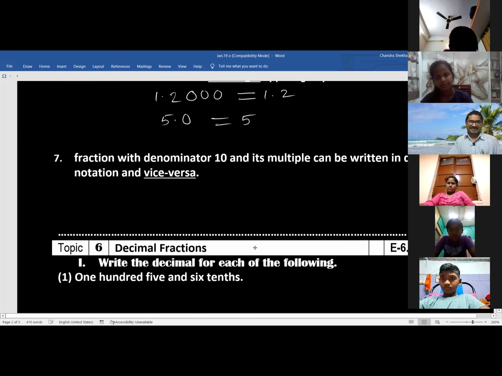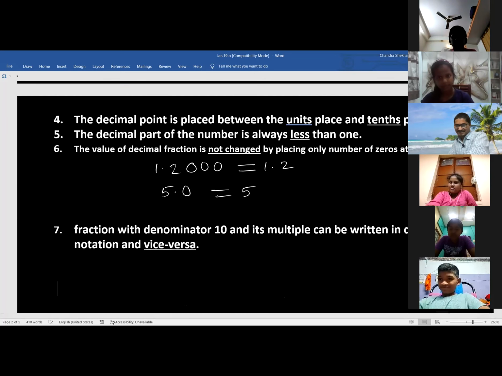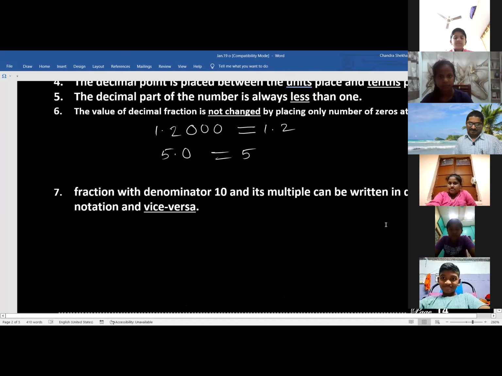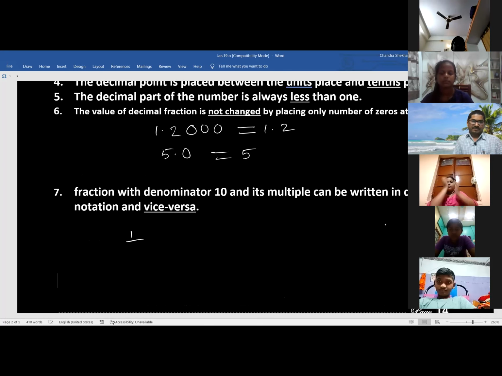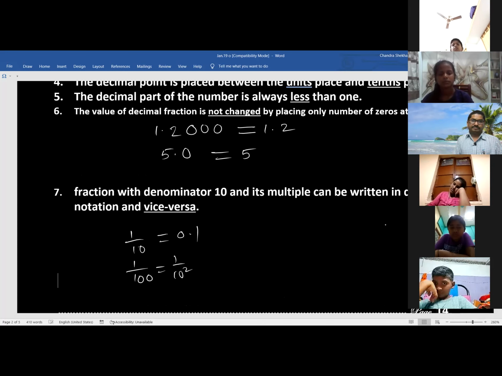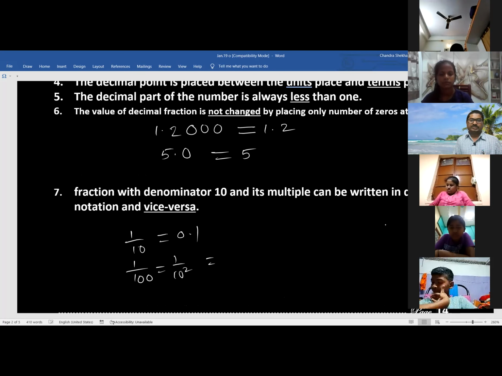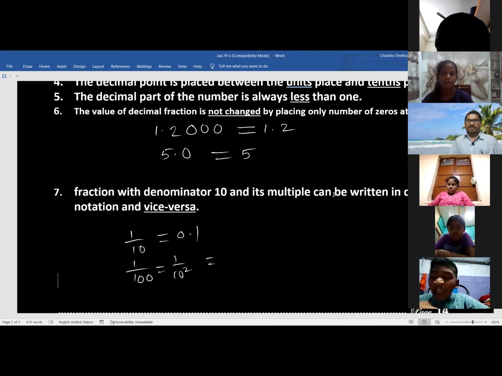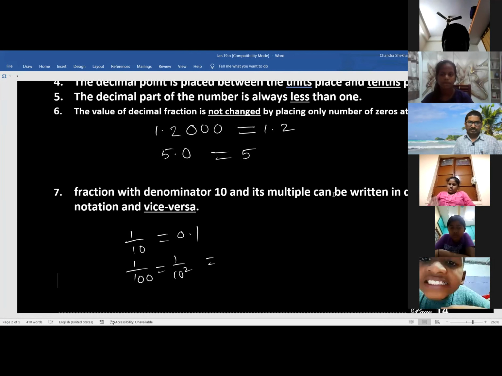Here 1 by 10 we can write in decimal notation, which is 0.1. 1 by 100, or 1 by 10 square, is equal to decimal notation 0.01.